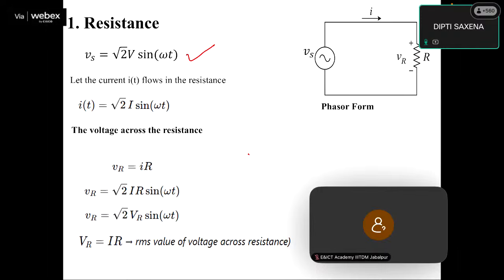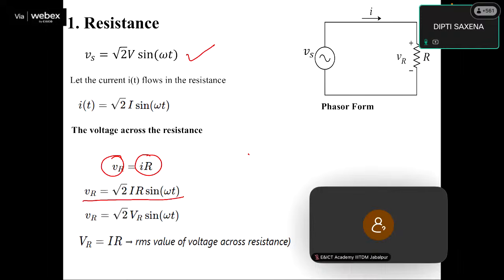Now we need to find out the relation between the voltage across the resistance and the current through the resistance. Now let us go by Ohm's law. The instantaneous voltage VR will be equal to the current times the resistance R. So I can write the instantaneous voltage across the resistance as root 2 I R sine omega t.